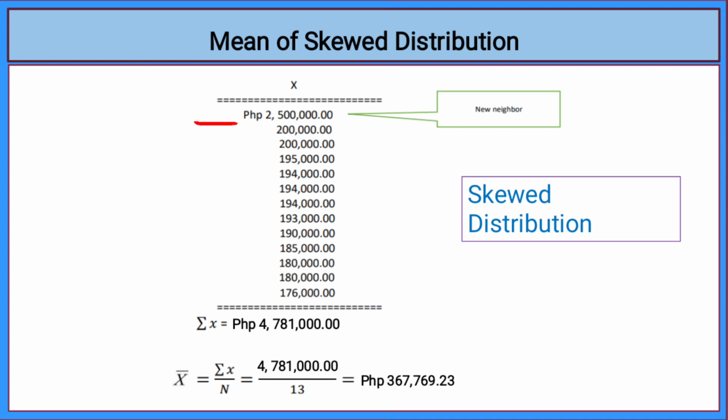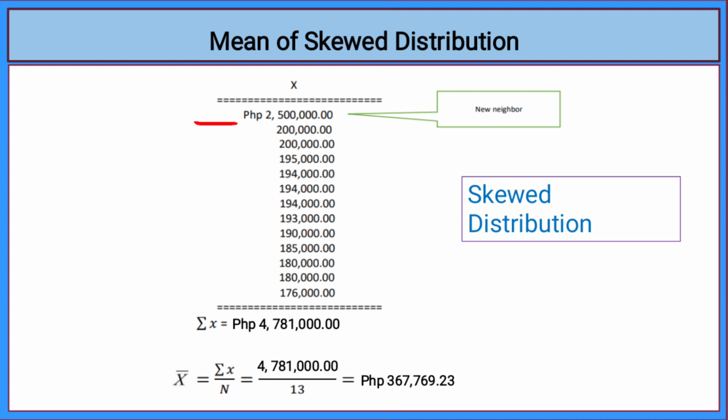Since we added another data point, from 12, our n will become 13. So just go ahead and proceed to the process, get the total or the sum of the presented data, to get the summation of x. So when we add all of this, we get 4,781,000 pesos.